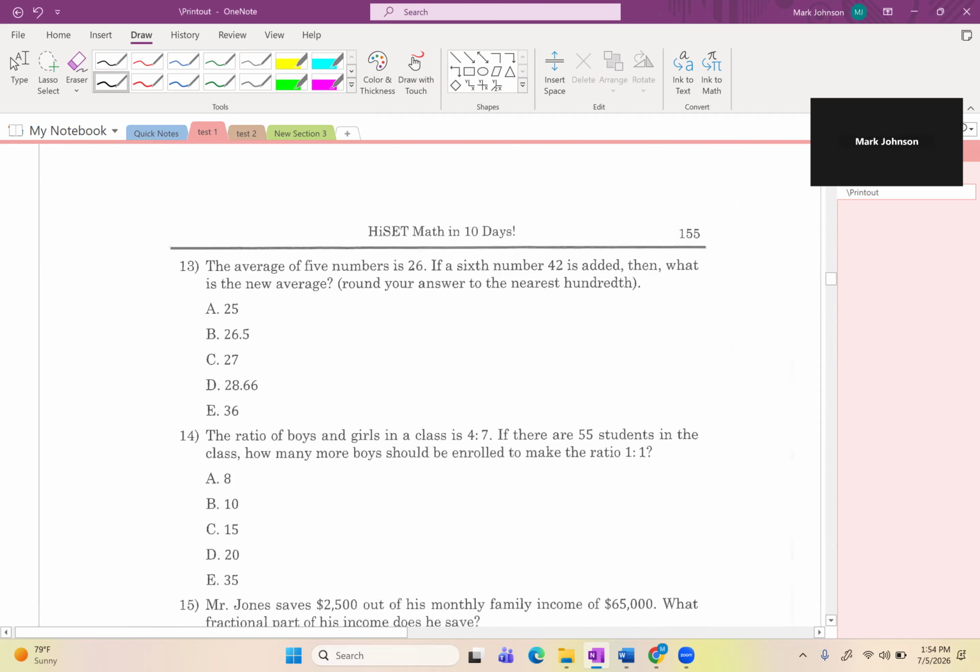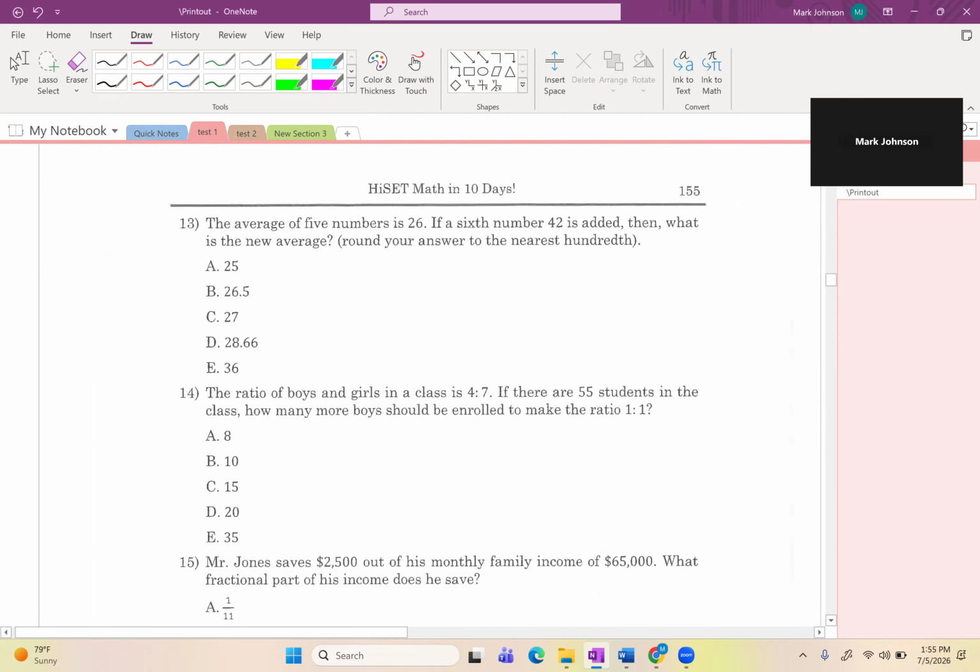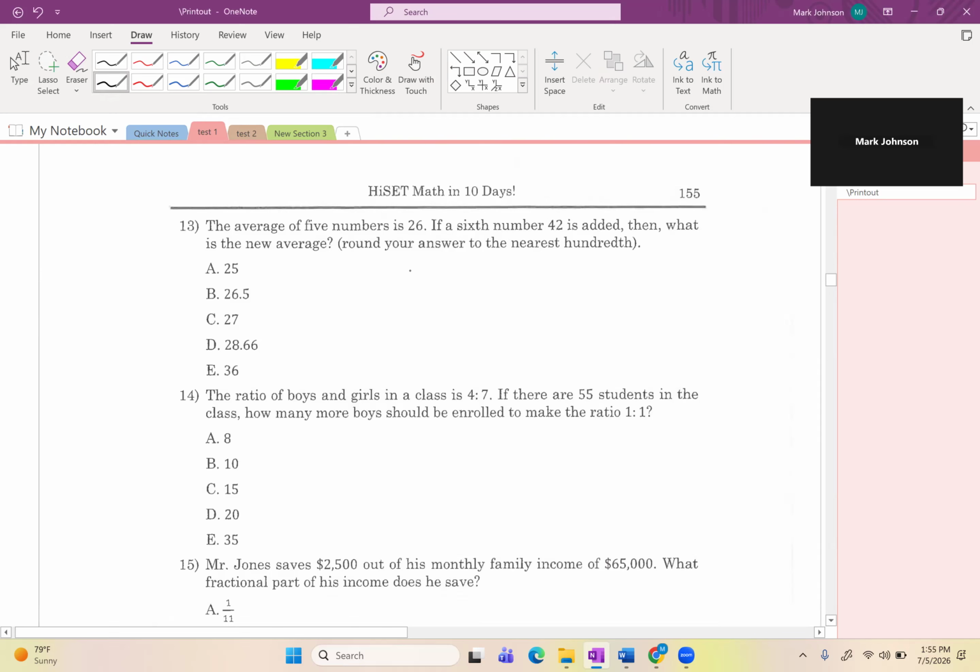The average of 5 numbers is 26. El promedio de 5 números es 26. Entonces, si sumamos un sexto número que es 42. Tenemos 5 números, A, B, C, D, E, y tenemos 42.